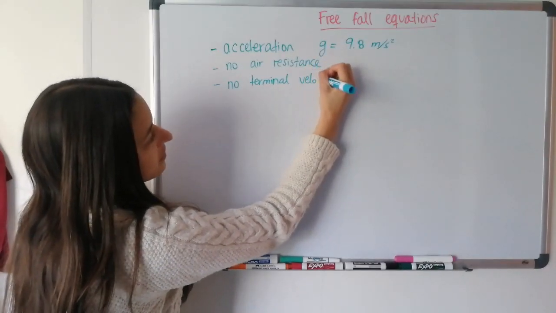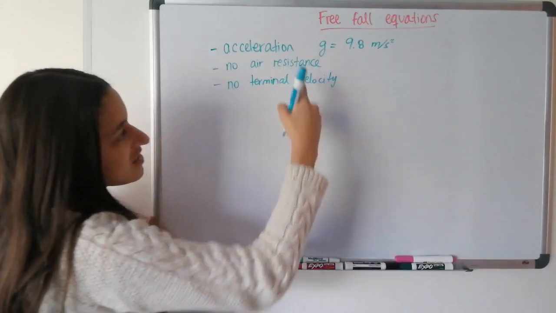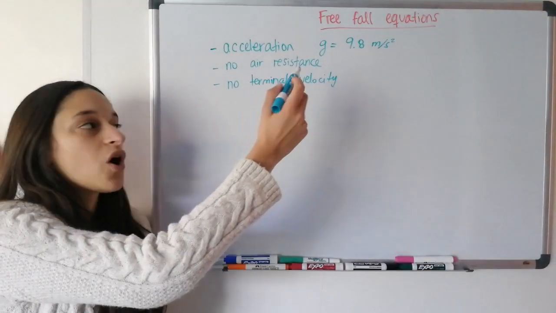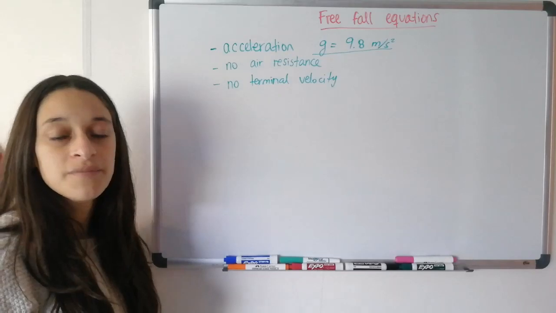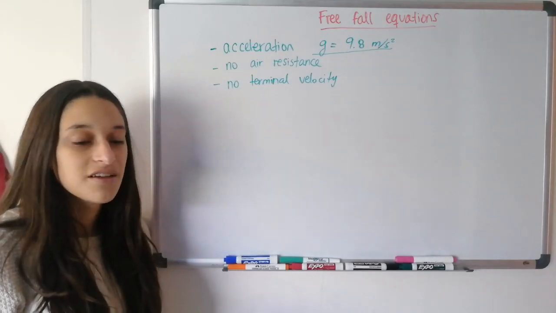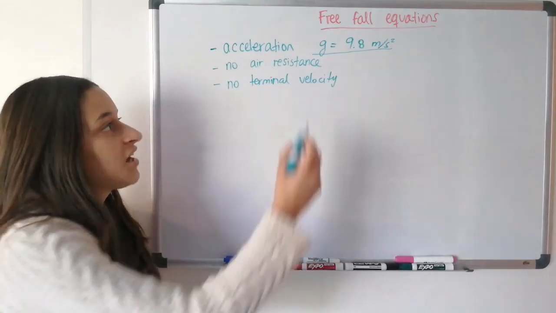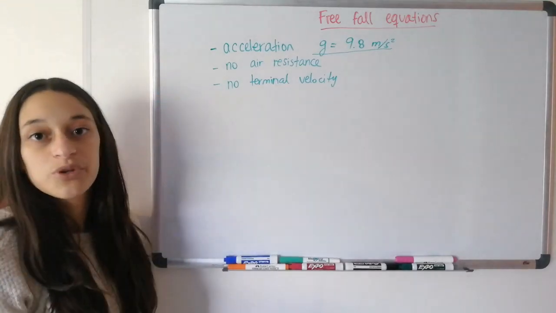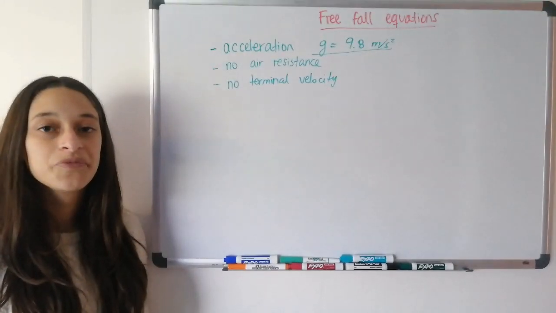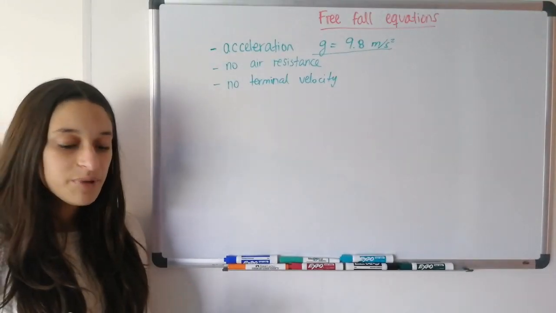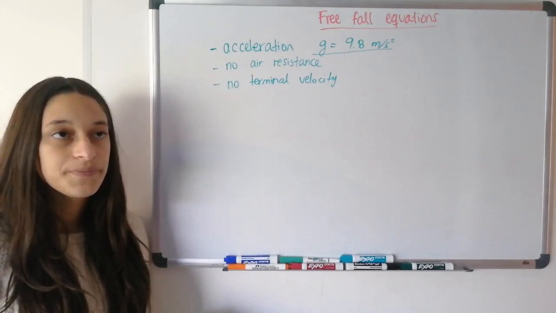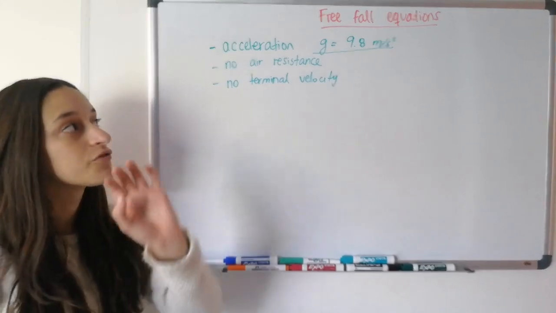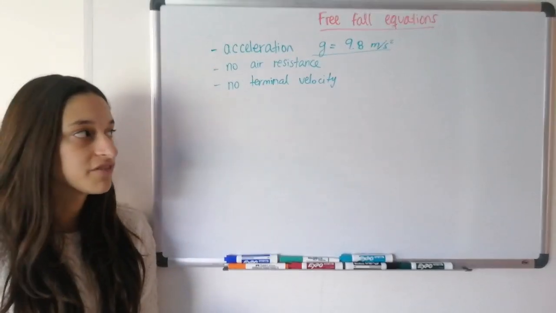So basically, these 2 last things just mean that the acceleration will always be 9.8 meters per second squared, constant. It will never decrease, never increase, nothing. 9.8 meters per second squared, downwards, of course. We'll start with 3 basic equations and we will apply them to 2 examples of free fall or acceleration due to gravity.